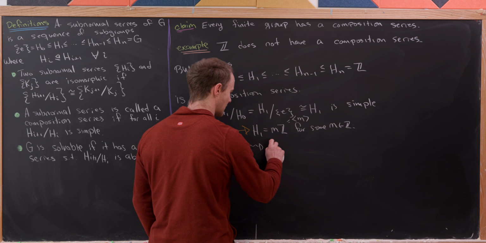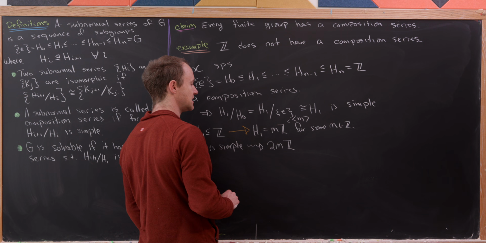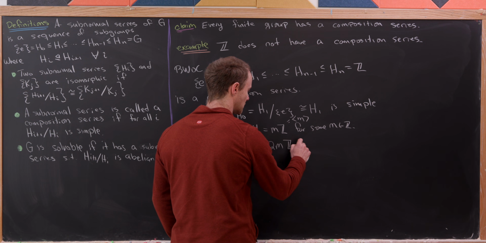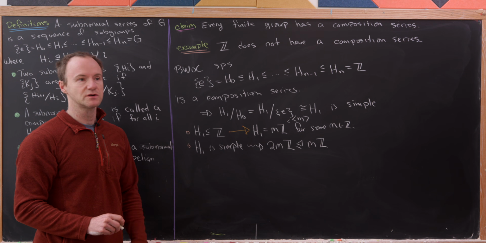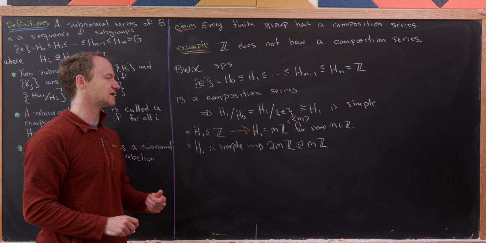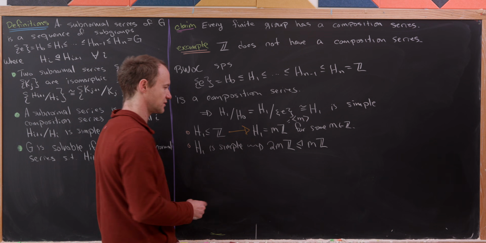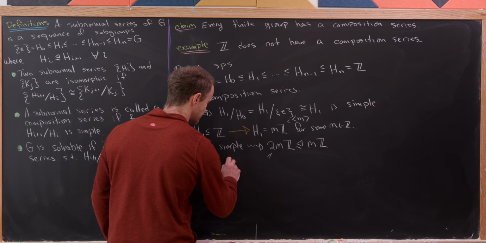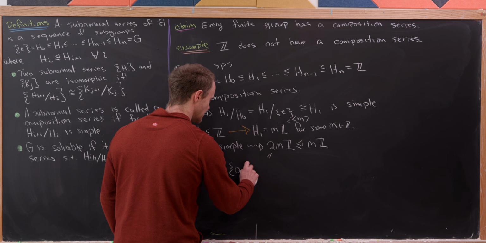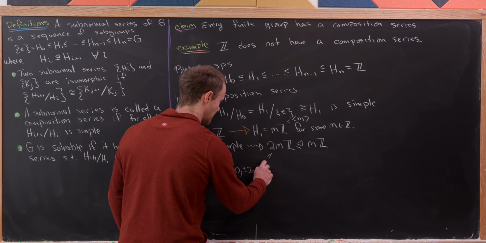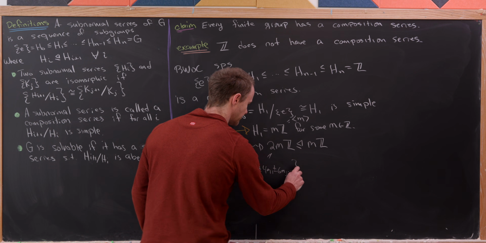And how could we do that? Well, notice that if we take 2m times Z, that's going to be normal inside of m times Z. So it's pretty clearly a subgroup, and then it's a normal subgroup because everything's abelian. So every subgroup is a normal subgroup. Maybe if you want to convince yourselves that this is a subgroup, notice that it has all of the elements 0, plus minus 2m, plus minus 4m, plus minus 6m, and so on and so forth.